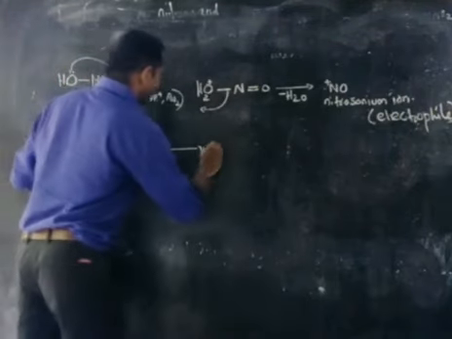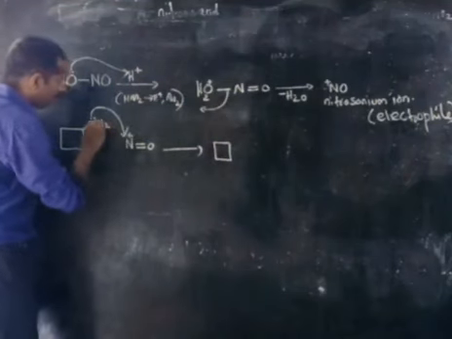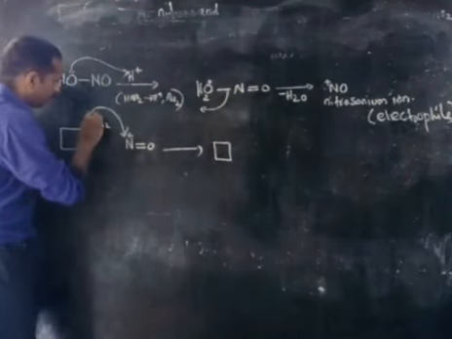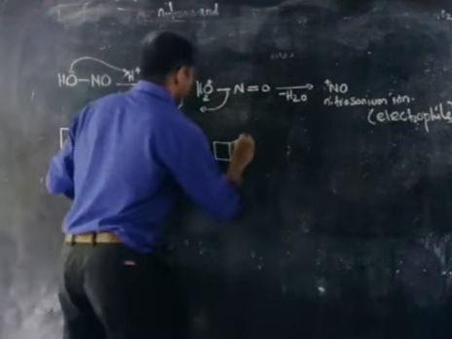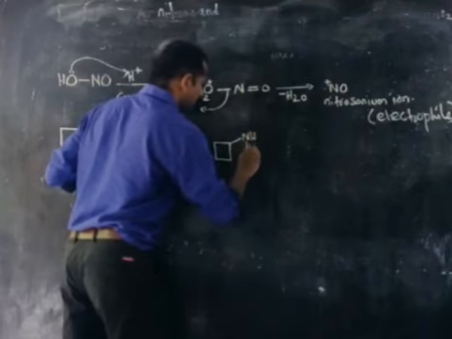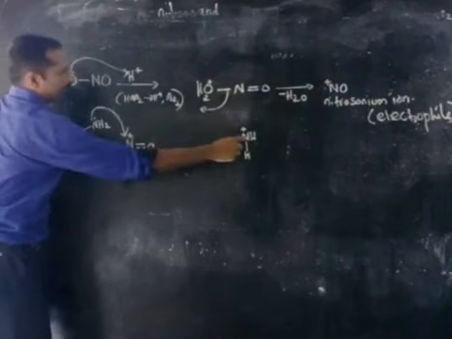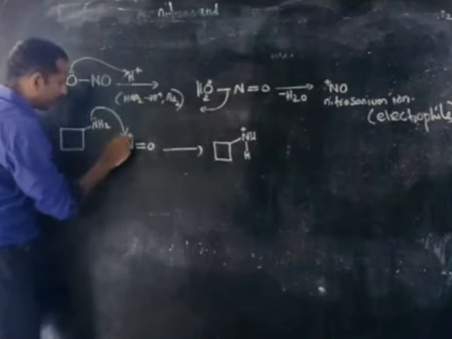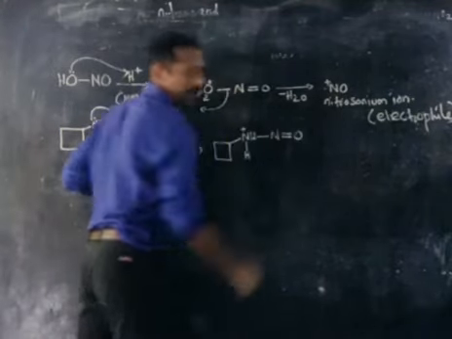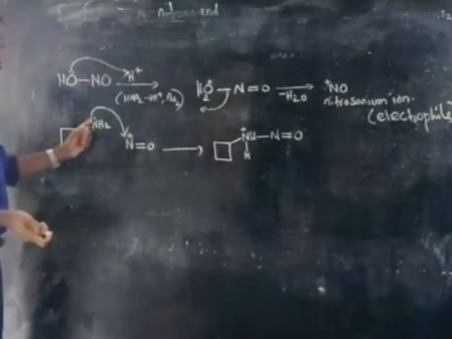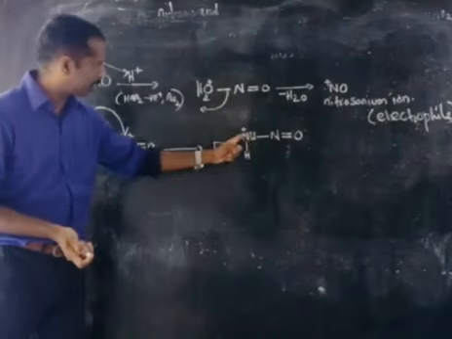Listen carefully once again: this is our nitrosonium ion, NO, and the lone pair on the NH2 nitrogen atom is attacking this nitrogen, so you get NH2 with a positive charge joined with N double bond O. NH2 can be written as NHH.